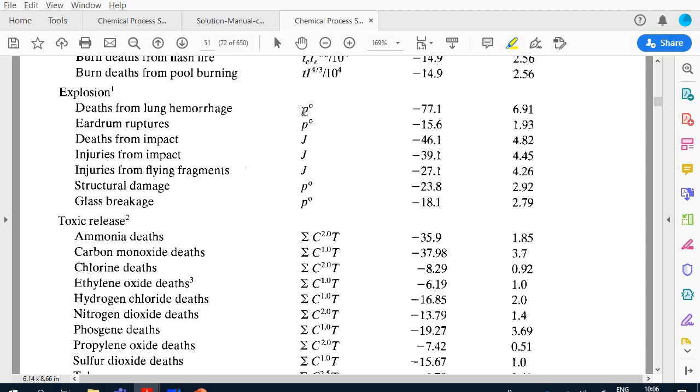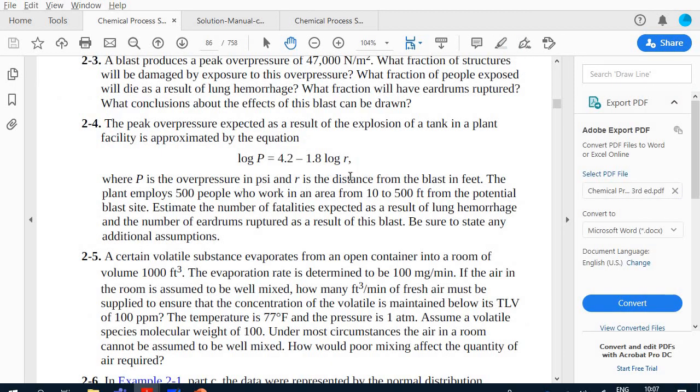You can see here, right? We can calculate the Y, the probit, which is a function of K1 plus K2 ln V, which is ln P. So we can calculate Y, and from the Y we can go to table 2.4 to calculate the percentage affected. Okay, so I think that is very clear of how we are going to solve this problem.